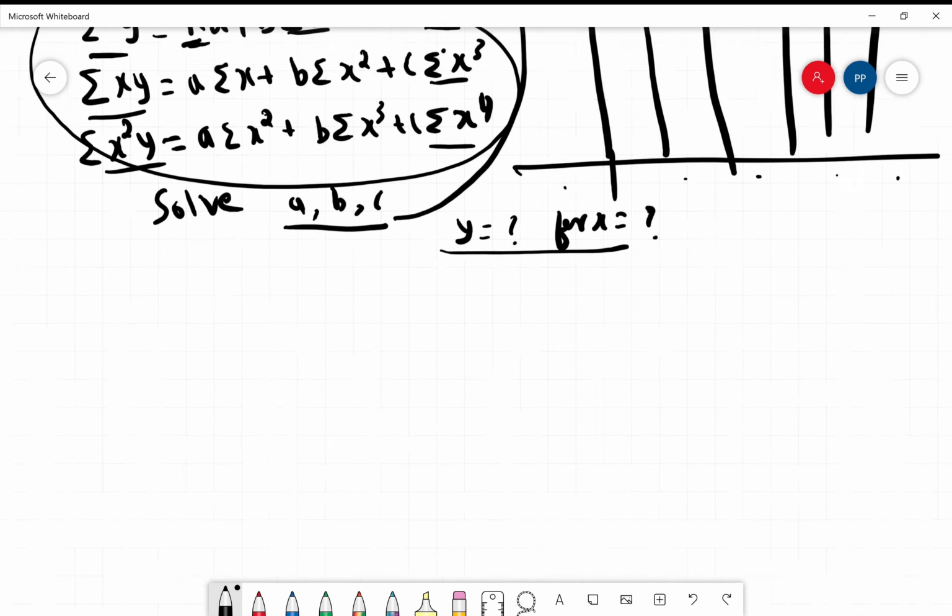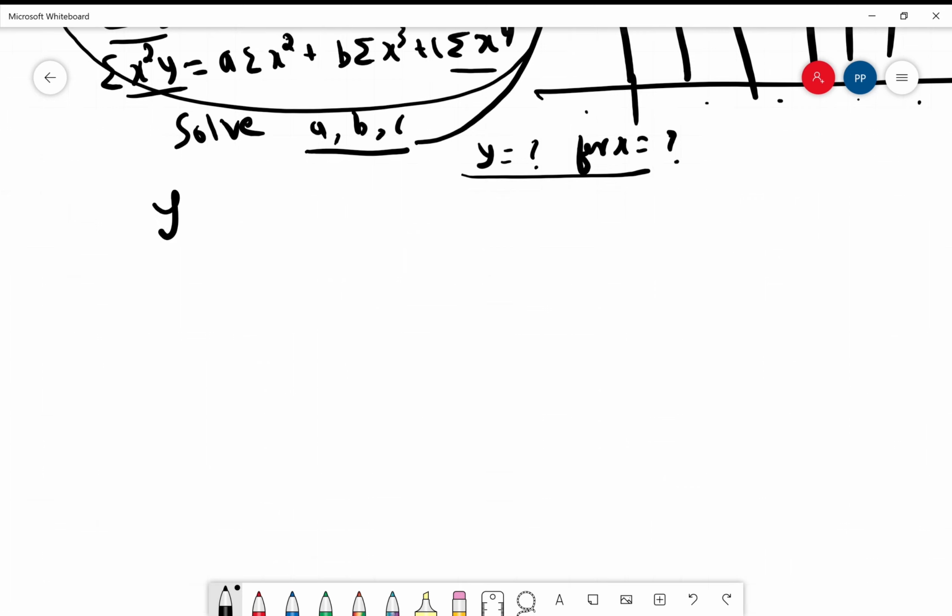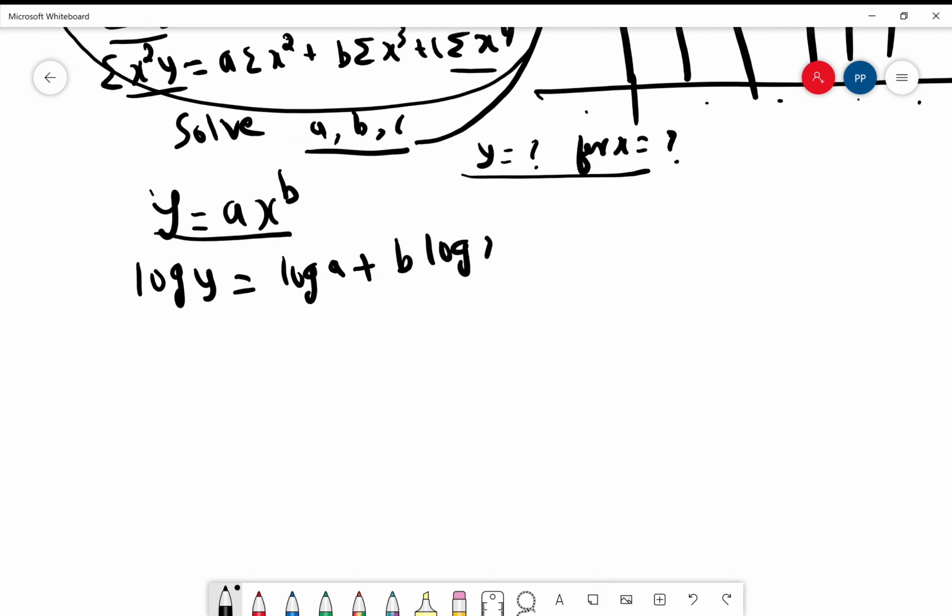Okay, the next one is the curve of the form y equals a into x to the power of b. In order to fit this one, we simplify this by taking log: log y equals log a plus b into log x. And we take these as some other variables.